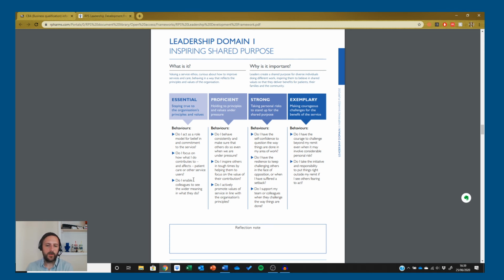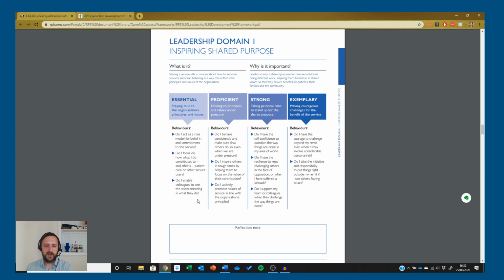But do you actually help those around you understand the wider meaning of what they do and what you do together? And they're the key things that we think are important for you as a pharmacist. You think about yourself and how you integrate into that shared environment of healthcare.